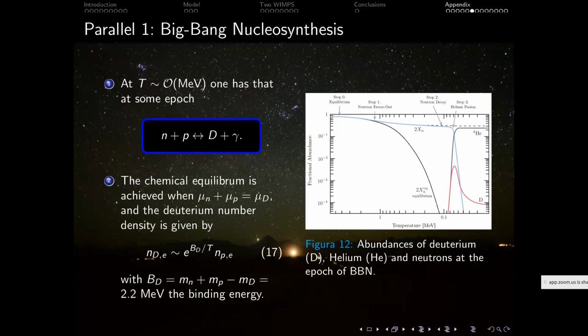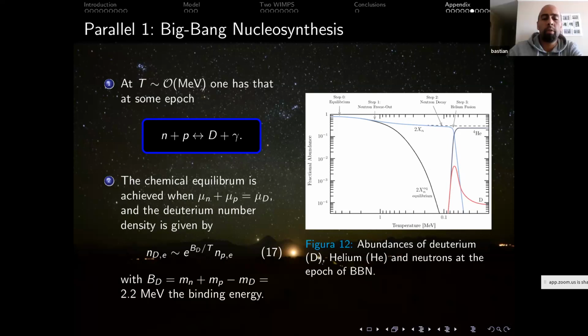At the same time, at this epoch in Big Bang nucleosynthesis, you still have the plasma of photons in equilibrium, and their decoupling is at much later times, recombination. I mean, all this is just an analogous way to see the bouncing effect.